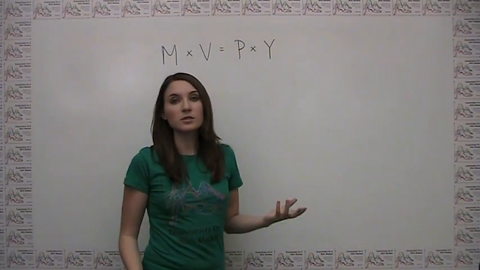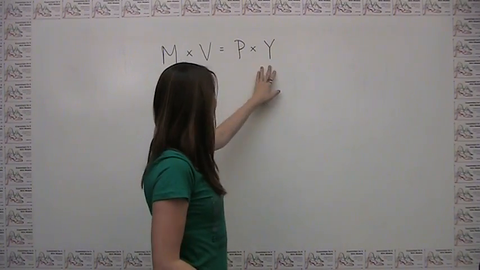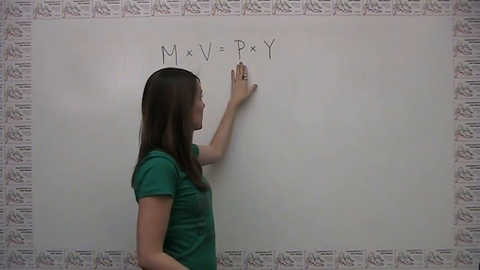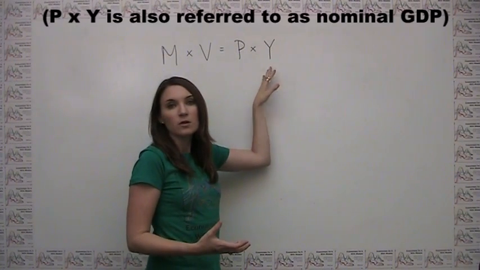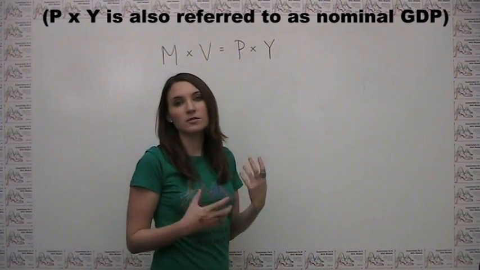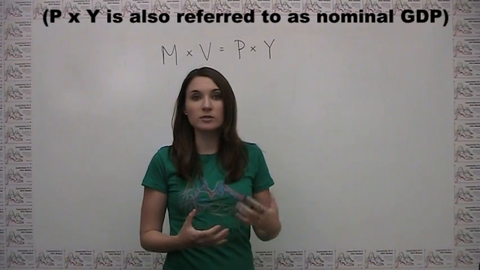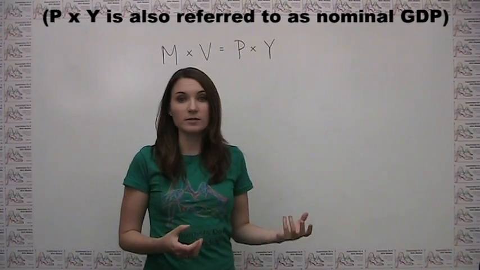So let's think about what's going on in this equation. On the right-hand side, we have the price level times the level of real aggregate output, which we can think of as just the total dollar value of everything produced in an economy within a given period of time.